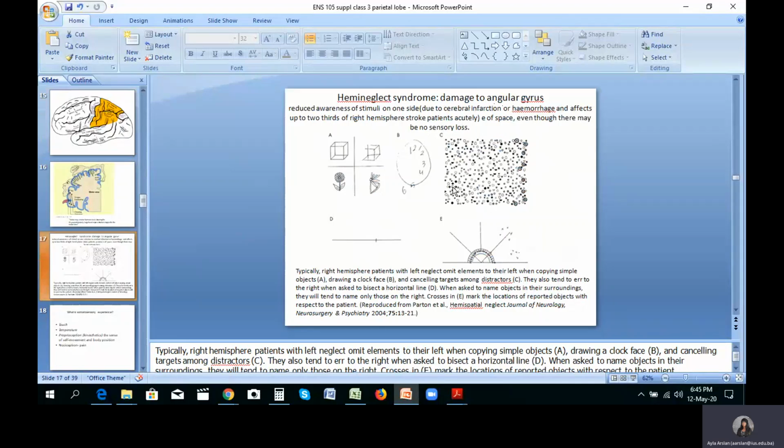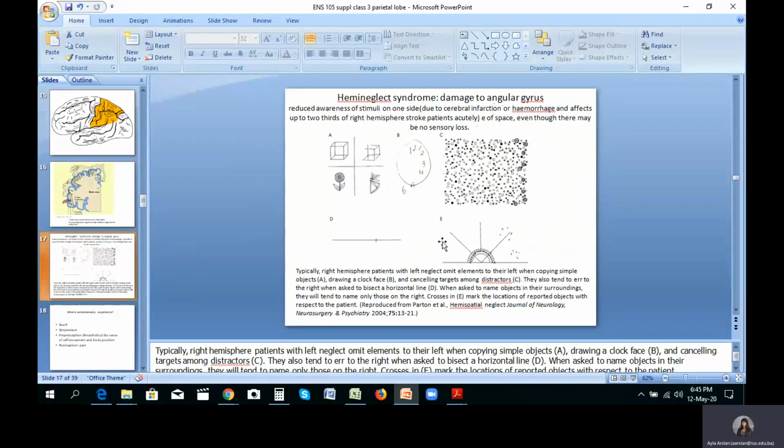And when they are asked to select target objects among the distractors, for example, to circle the gray dots here, they only select the ones found on the right of the whole picture. Or when they are asked to draw a horizontal line, they tend to ignore the left part.